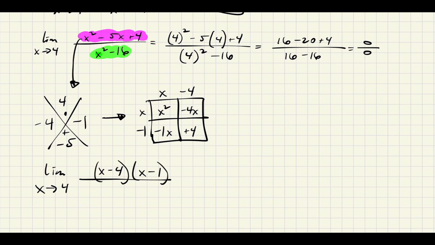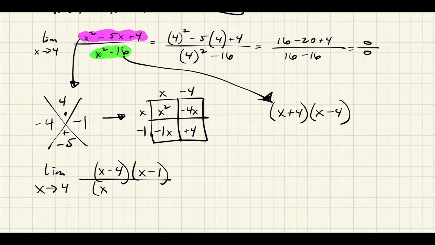Okay. Now the green. Well, the green is not a trinomial, it's a binomial. Doesn't have a GCF besides 1. It is a difference of squares. Yeah, right. It's x plus 4, x minus 4.